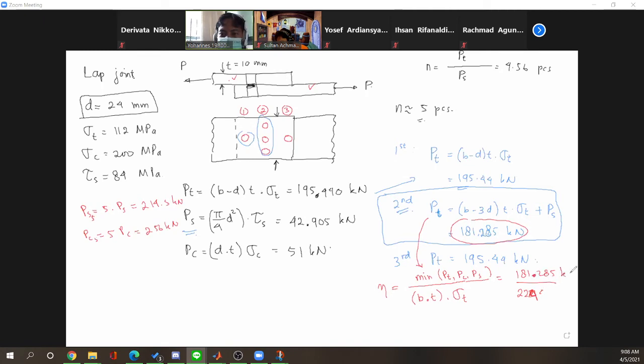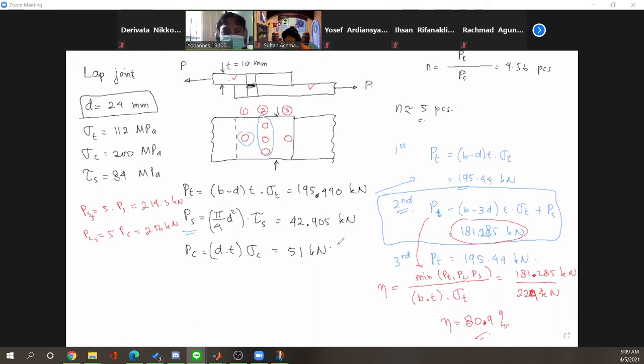This is kilonewton, and this is also kilonewton. So here we have the efficiency of this joint is about 80.9%. Okay, so this is the efficiency of our joint.